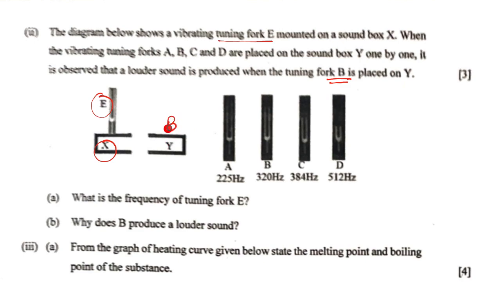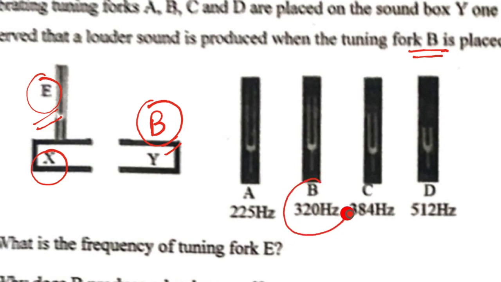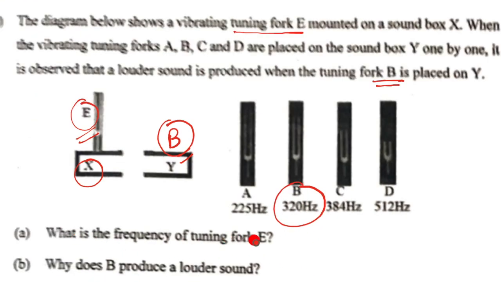So if B is placed here, then there is loud sound, which means the frequency of E and B must be the same. What is the frequency of B? 320 Hertz. So what will be the frequency of E? It will be 320.